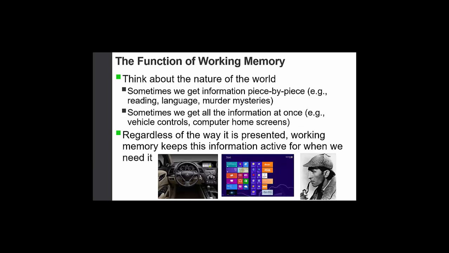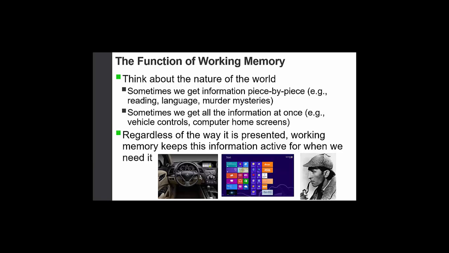Now, the other thing I want you to keep in mind as we talk about working memory specifically is the nature of our world and one of the issues, if you will, that working memory has to deal with. When we think about how we get information in the world, there are really two different ways. And probably the more common way is what I'm going to refer to as piece by piece information.